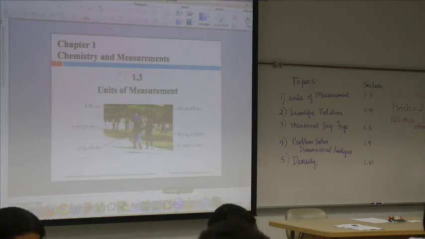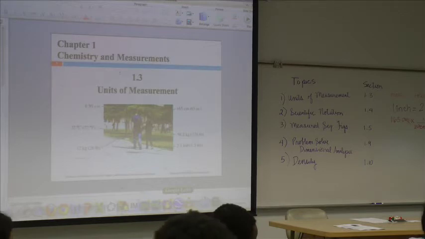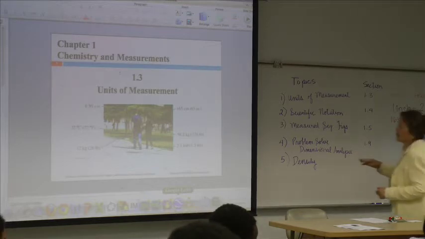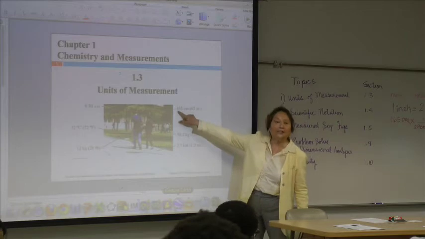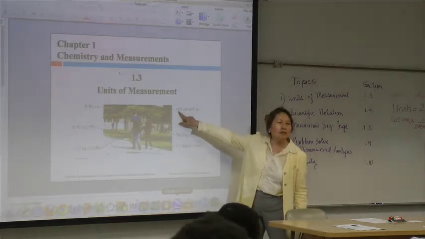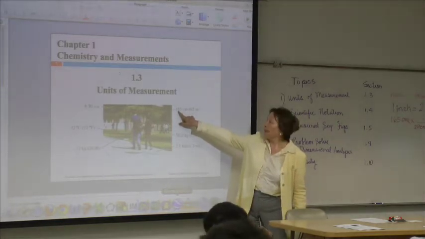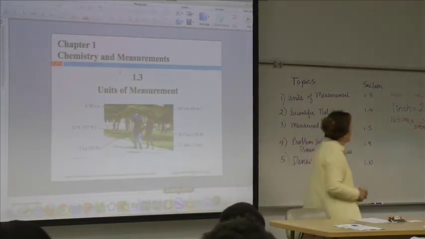Now, we were discussing and trying to summarize significant figures to review your math. If we are given 165 centimeters, how many significant figures is that? 3. 1, 2, 3, right?